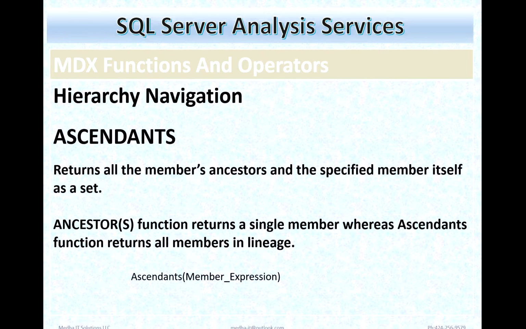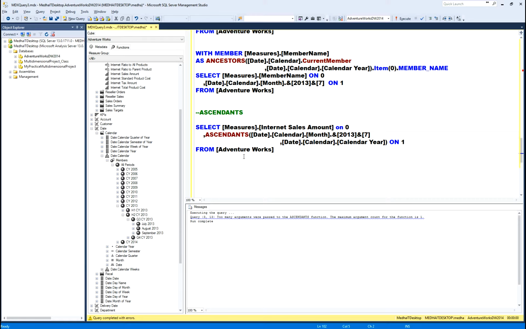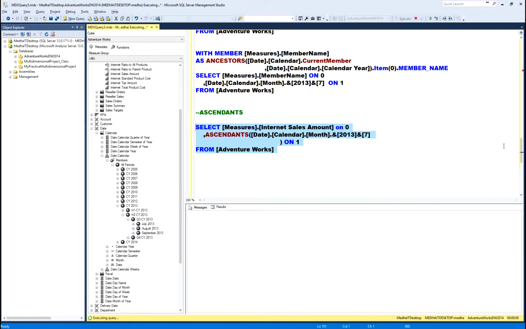So, it will take the current member and return all the ascendants, whereas descendants takes the member, the distance or the level we want to go. So, for ascendants I will be just specifying the current member. So, it will take the current member and it returns all the hierarchy till the top.